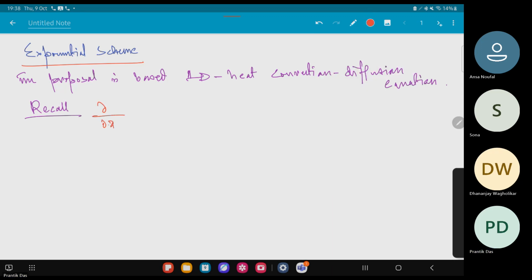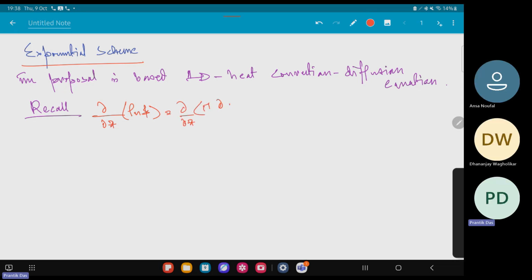d/dx of rho u phi is equal to d/dx of gamma d phi/dx. Okay, so over the domain, then let us define the Peclet number to be equal to rho u L by gamma, where rho is the density of the liquid or the gas which is flowing in the domain itself.